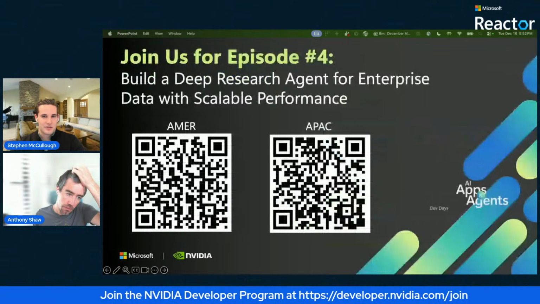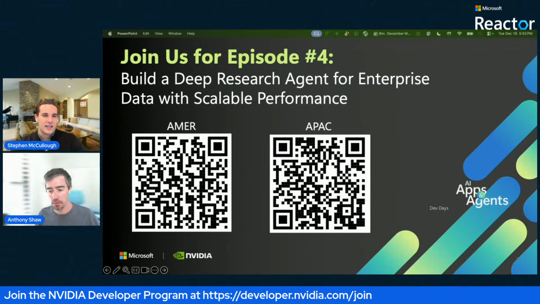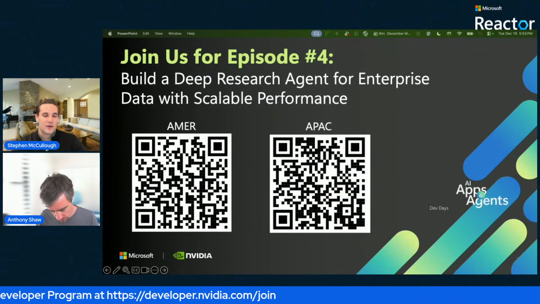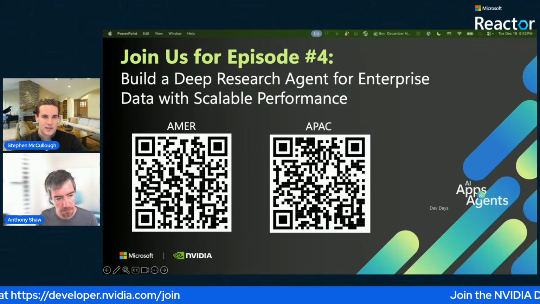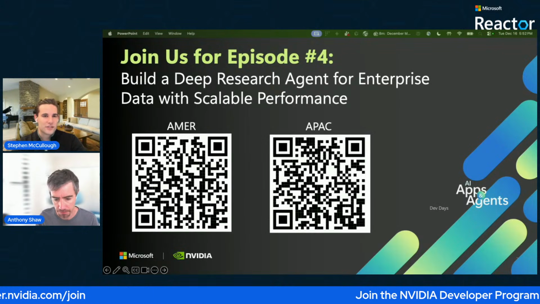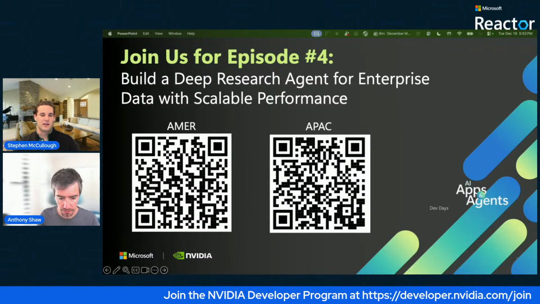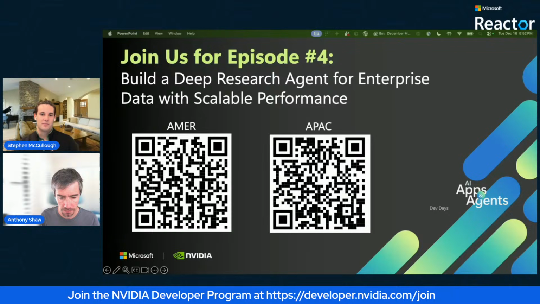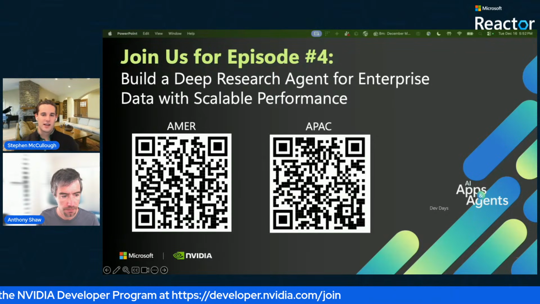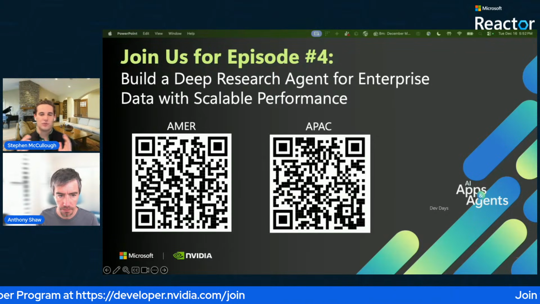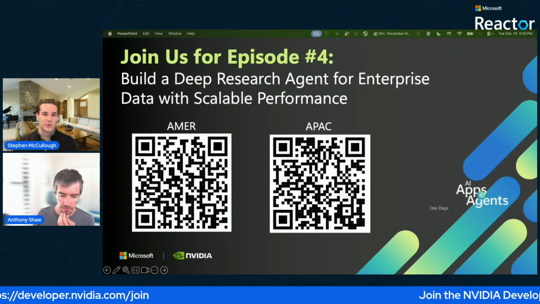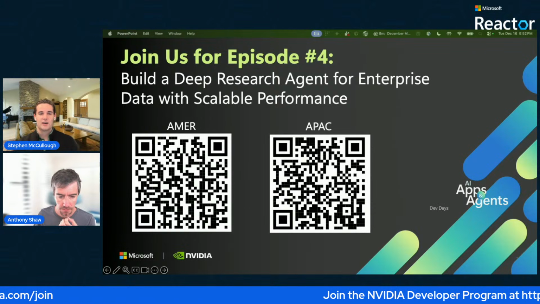And our next episode coming up in January is focused on one of our other NVIDIA AI blueprints. It's focused on our deep research agentic blueprint, really a fully automated RAG system that can handle all different kinds of data, and you can deploy it super easily.